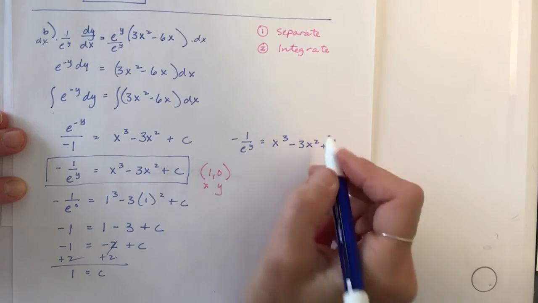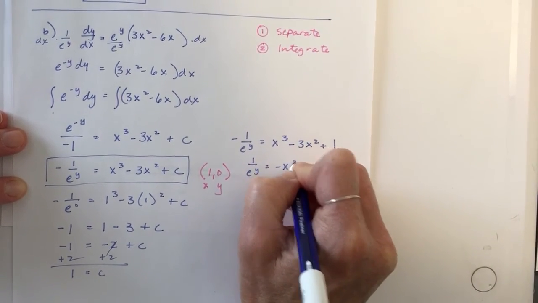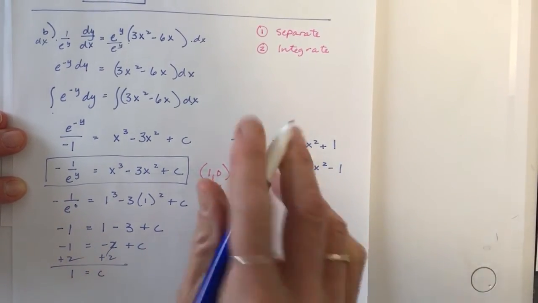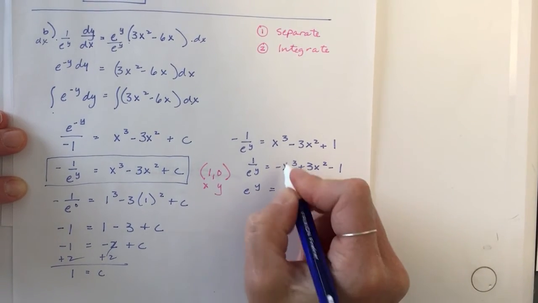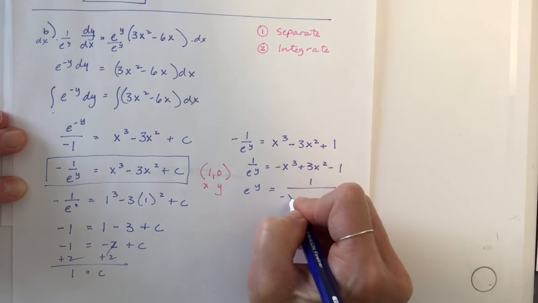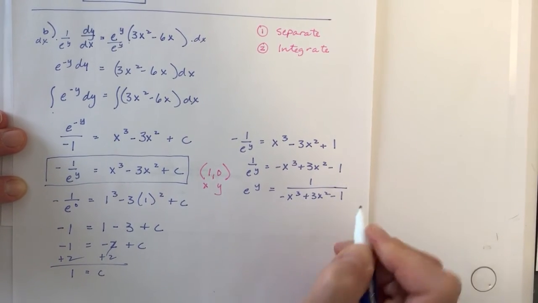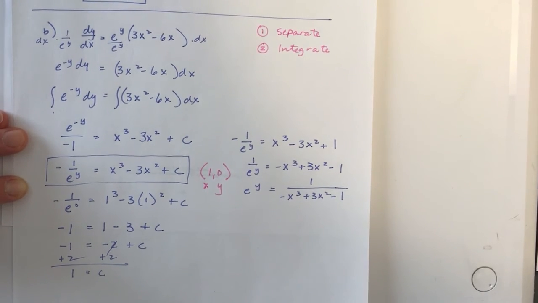Well, let's multiply through by a negative. So we get 1 over e to the y is equal to negative x cubed plus 3x squared minus 1. And now we can flip it. So e to the y is equal to 1 over this whole thing, negative x cubed plus 3x squared minus 1. And then if we want to get rid of e, what do we do? Yeah, you're right, we ln it.